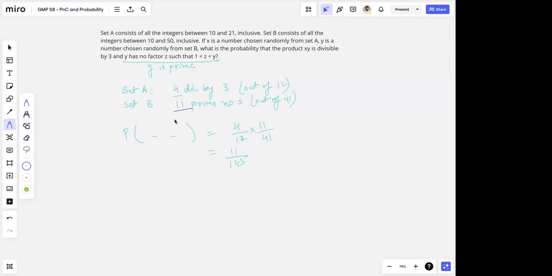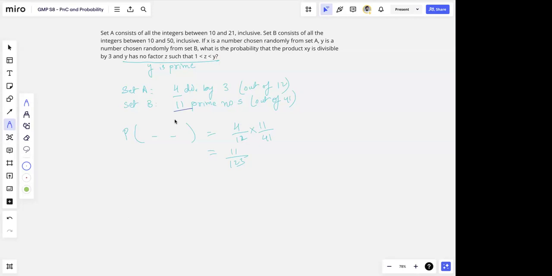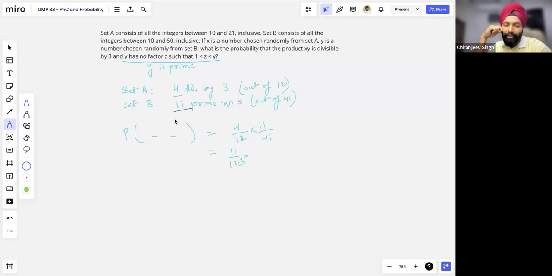Because X is chosen randomly from set A, and the Y number is a prime number only. Yeah, and X is divisible by 3 only, no?